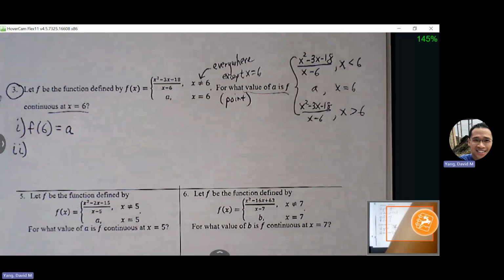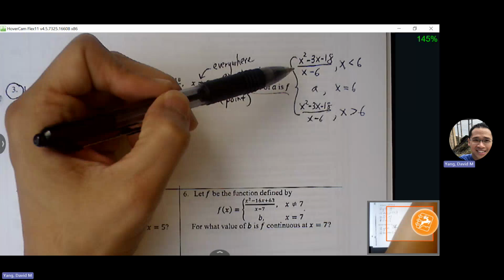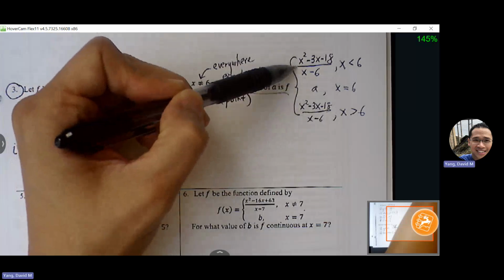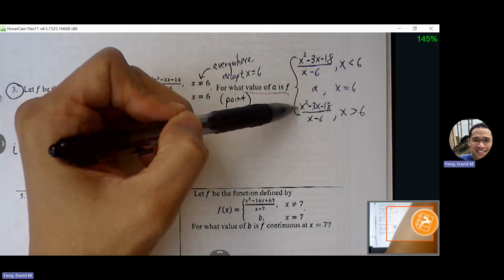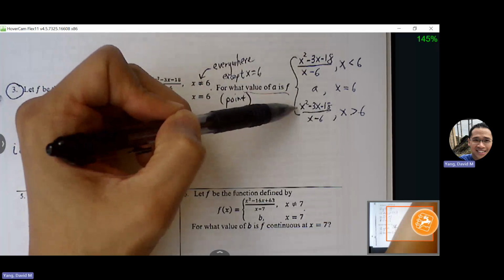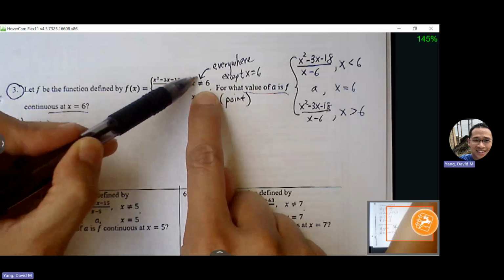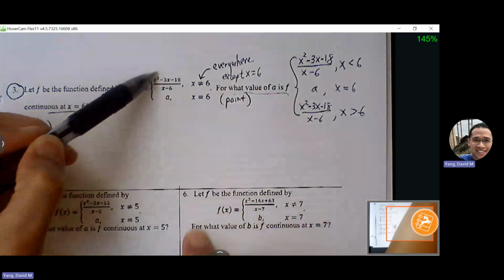Second statement is, does the limit exist? We can do a one-sided limit, but are we going to get anything different if we do one-sided limit? It's the same, right? It's the same function. If we do a one-sided limit, we're going to get the same result. So the idea is that if you're getting an x that's equal to 6, then there's no need to do a one-sided limit.